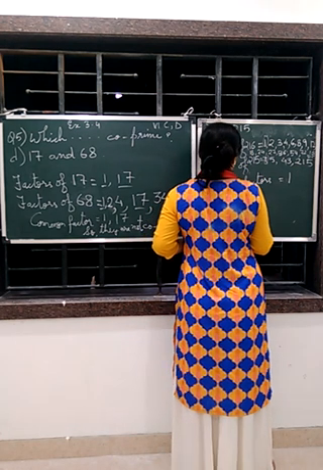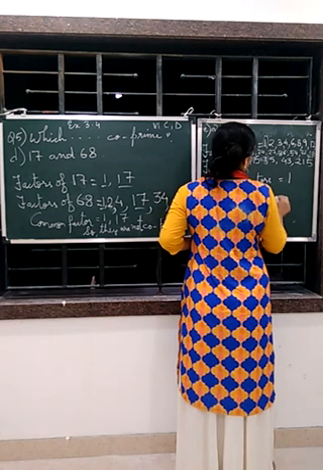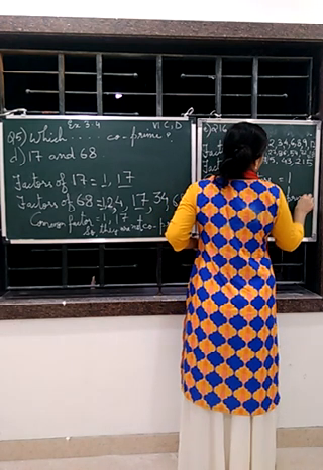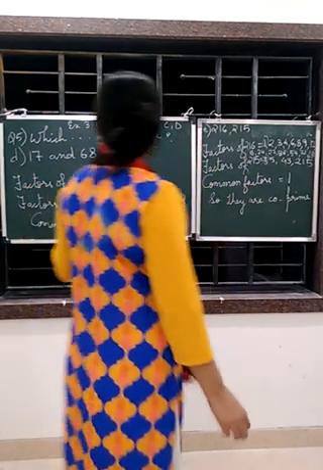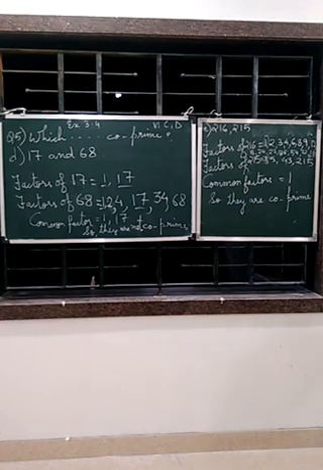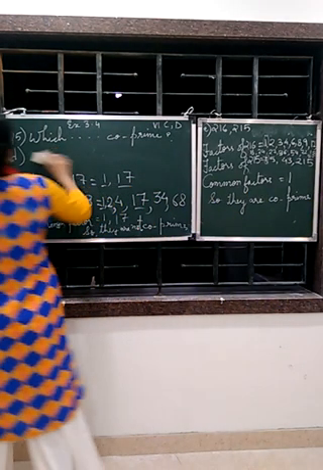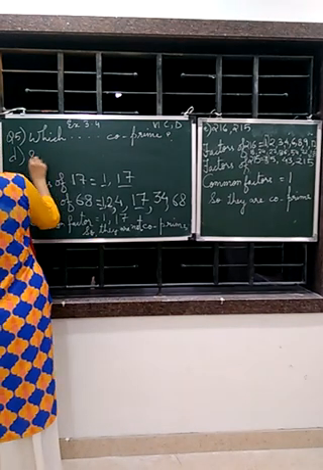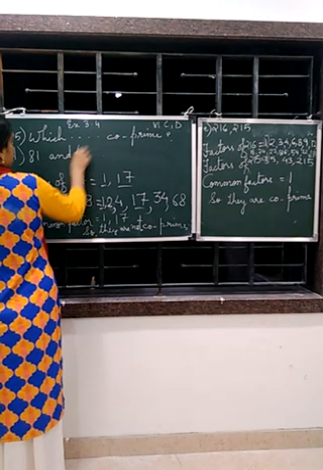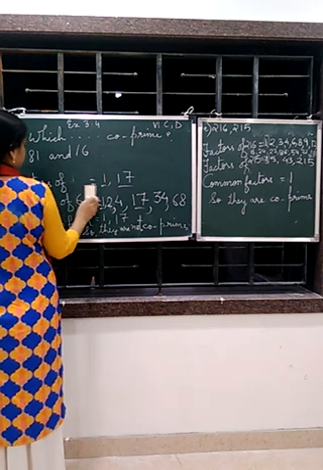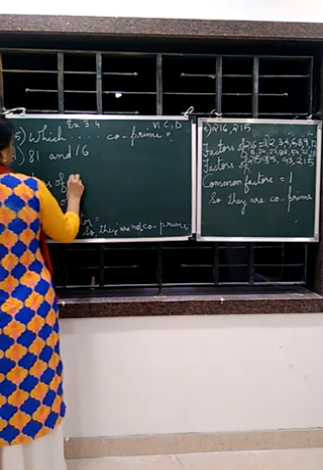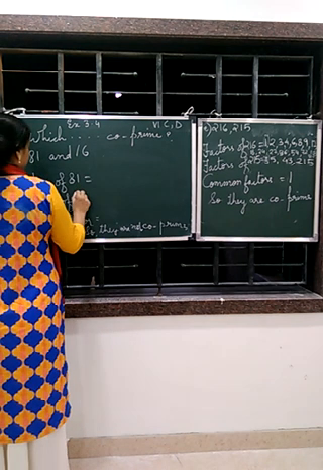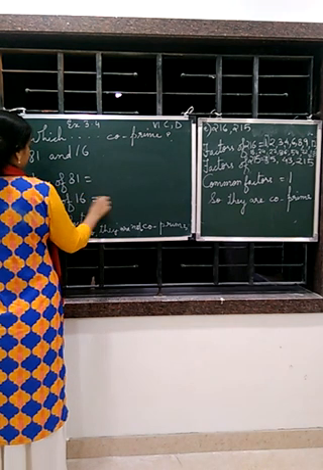So they are co-prime. Got it? Now we will start F: 81 and 16.